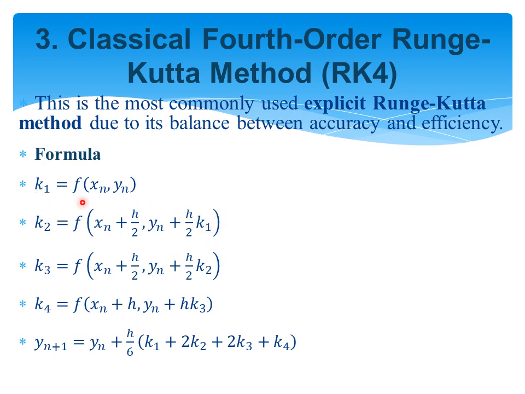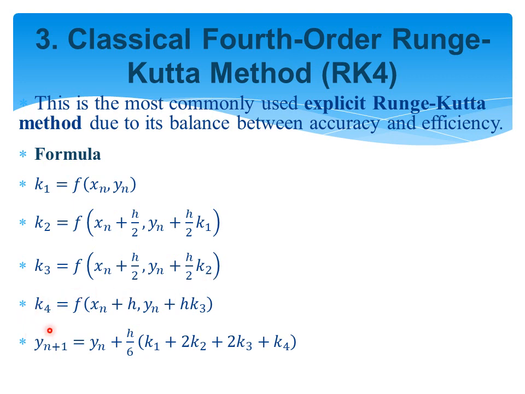Now you can see here, if we find k1, then we put these values in k2. Now here is given k3. Same function f(xn + h/2, yn + h/2 k2). Now we put k2, because first we find k1, then we put these values of k1. If we find the value of k2, then we put these values of k2.